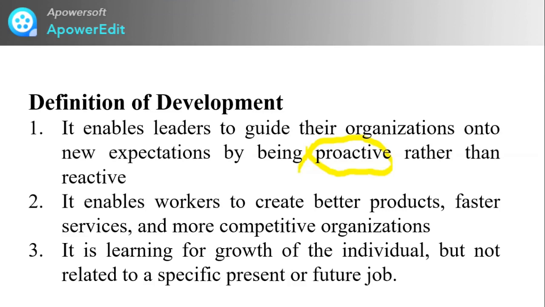But proactive means, without a past action, we think innovatively and creatively. So development leads to a proactive approach rather than a reactive approach.